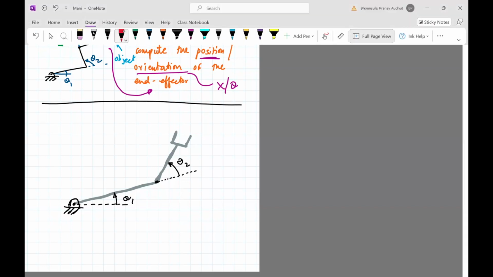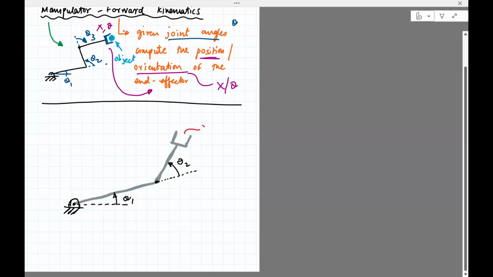Okay, so now let's get to work. Let's see how we can compute x_e, y_e. So here we're interested in computing XE, YE. We're given theta 1 and theta 2. Sure, yeah, we need the lengths, absolutely.